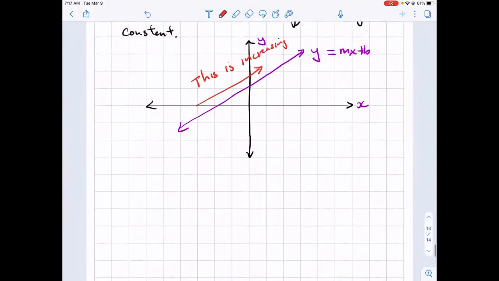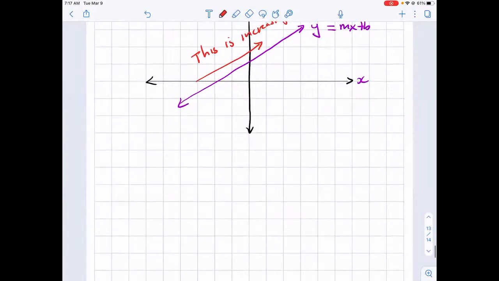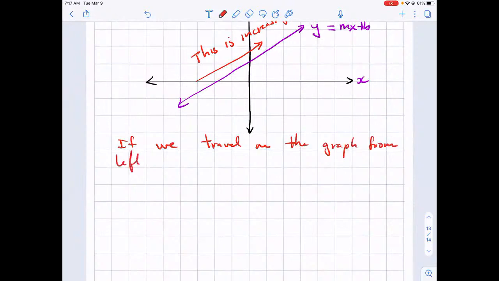Okay, and why do we say that? Because if we travel on the graph from left to right, we are moving upward.